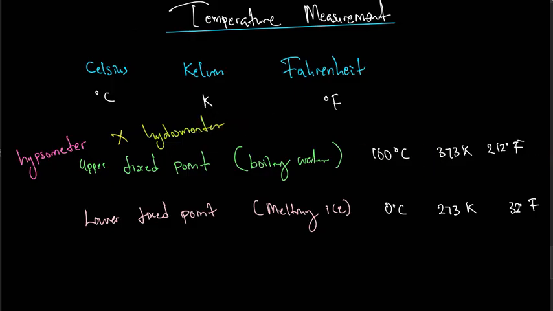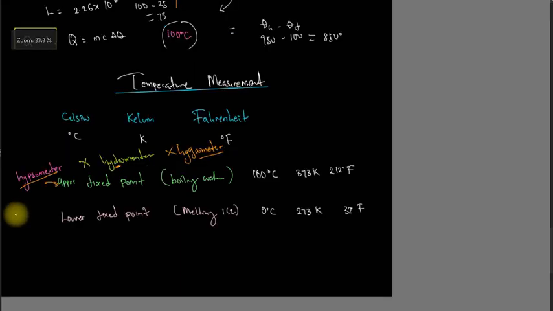Don't confuse it also with hygrometer. Hygrometer is used to measure relative humidity or moisture content in air. Hydrometer is used to measure relative density. Hypsometer is used to measure the upper fixed point.